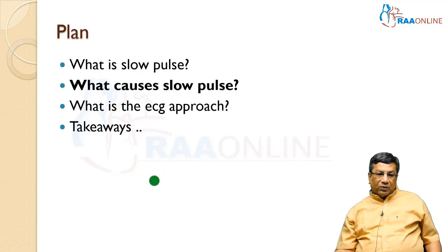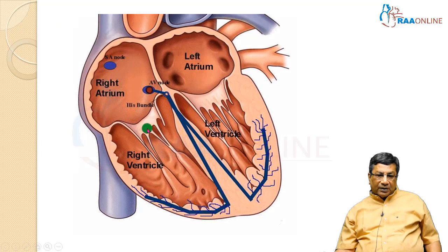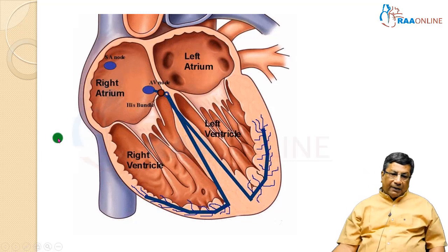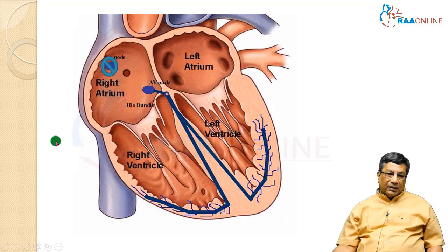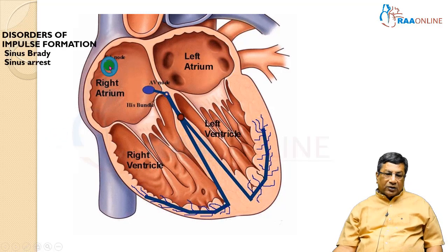Now we come to what is causing the slow pulse. We have given this diagram many times to you. It is a sinus rhythm, with the sinus node producing an impulse that goes through the internodal pathways, through the atrium, the AV nodal delay, then the AV conduction, and the impulse goes down. The bradycardias can happen because of a disorder of impulse formation: the sinus node itself forms fewer impulses, which is a sinus bradycardia.